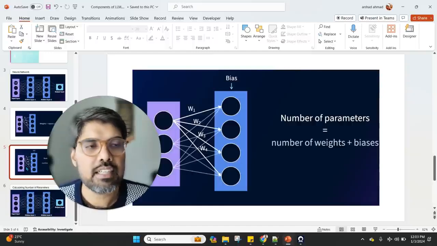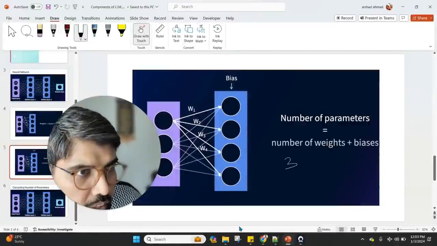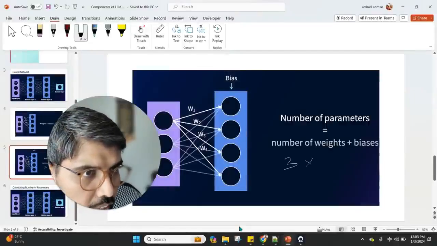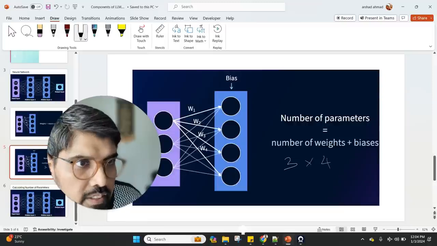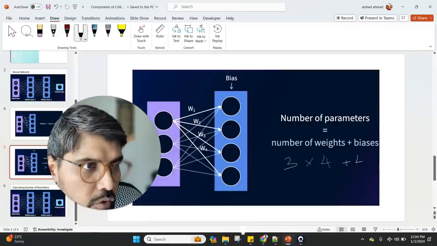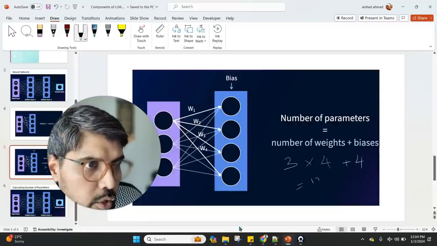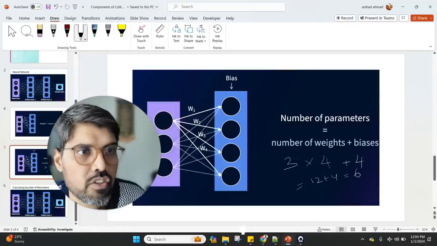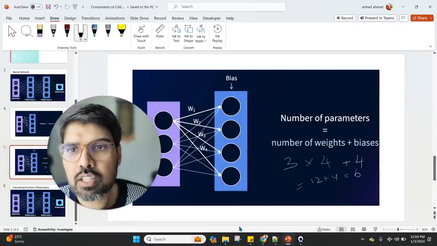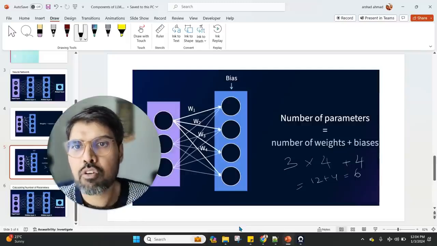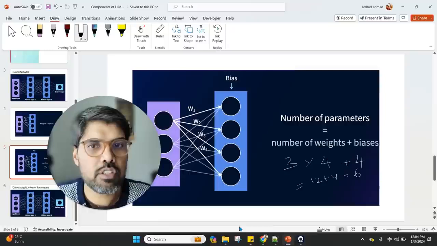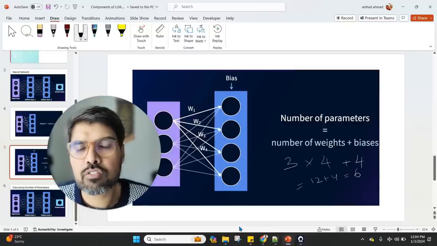This means for this particular scenario, it will be 3 into 4, which is the weights, plus 4. So it is 12 plus 4, which is 16. For this diagram, the number of parameters is 3 times 4 plus 4, which is a total of 16.